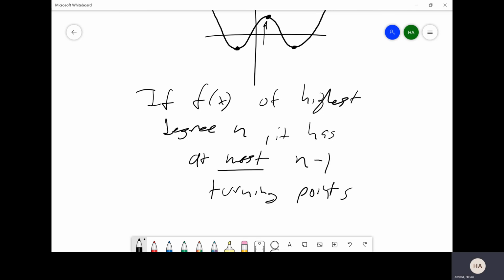Again, a turning point is the point at which it either stops increasing and starts decreasing, or vice versa. So one or the other, but your polynomial can only have n minus 1 turning points.